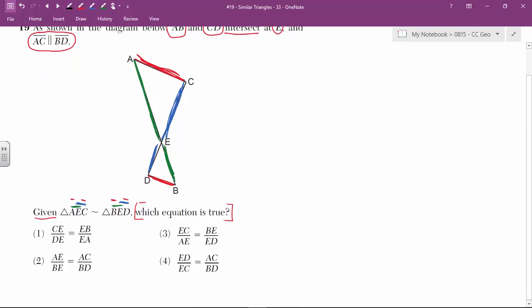So when they come up with these ratios, you're looking for one of the ratios to have some sort of fraction, and then it has to be equal to another ratio that is built the same way. Whether that's a big divided by a small has to be equal to a big divided by a small, or two pieces from a big divided by the corresponding two pieces from a small.